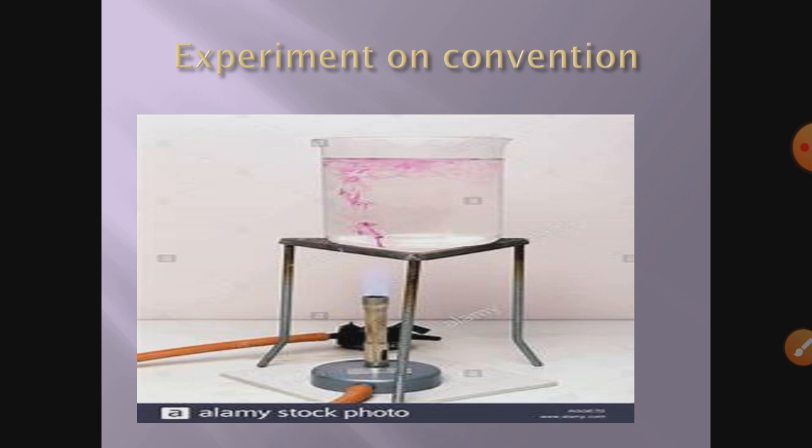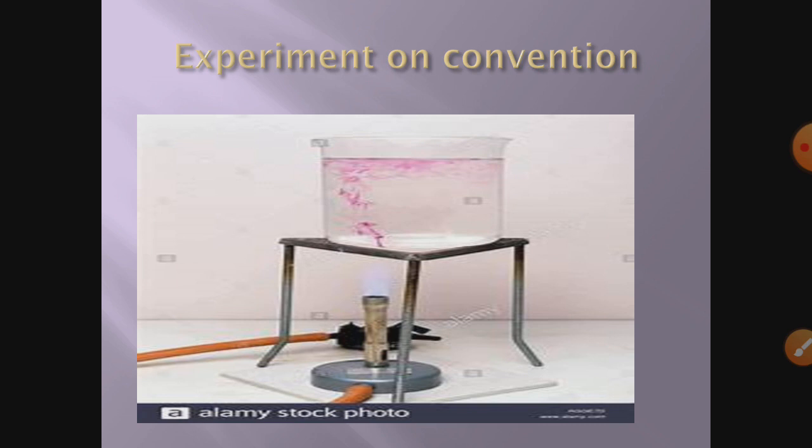And why have we put the potassium permanganate? Because it has a pink color and the movement of the water will be visible, because water is transparent. If we don't put this potassium permanganate, then the movement of the water won't be visible, or you can say the convection current which is created in the water won't be visible.